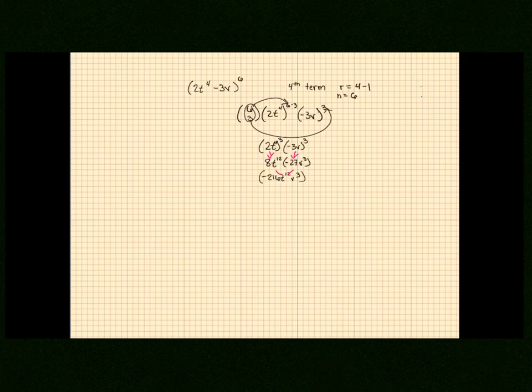All right, now we're going to use our combination, 6 choose 3, in our calculator to figure out what that is equal to. And it's equal to 20. So we've got 20 times negative 216 t to the 12th v to the 3rd. So we multiply these two, and we get negative 4,320 t to the 12th v cubed, and that would be the 4th term of this expanded polynomial.